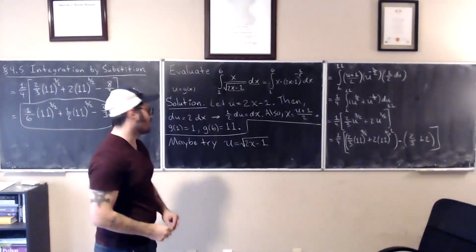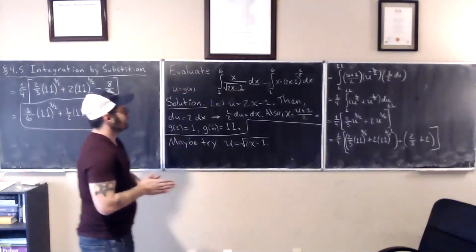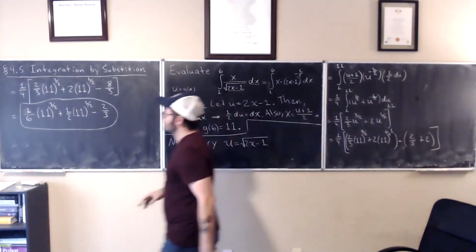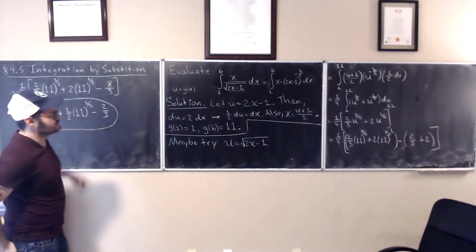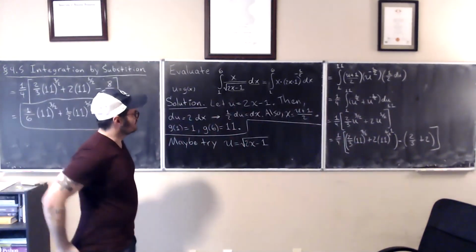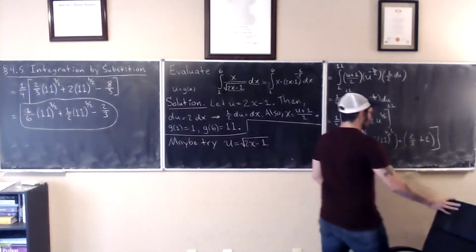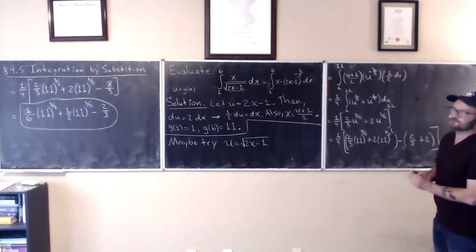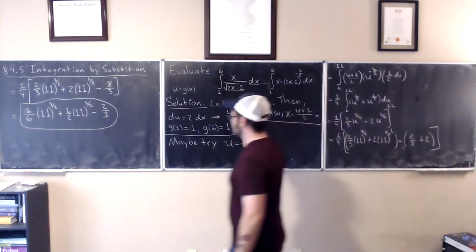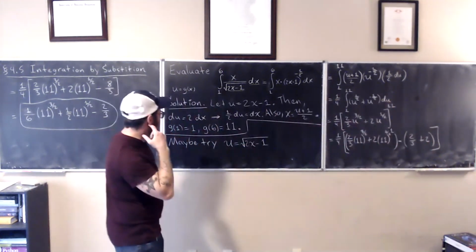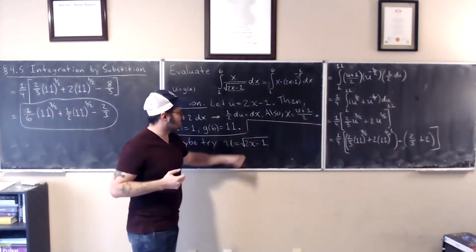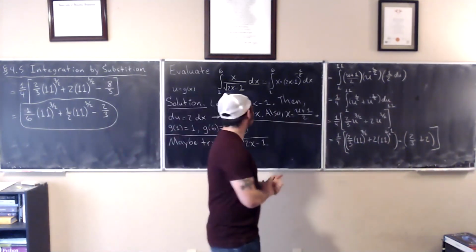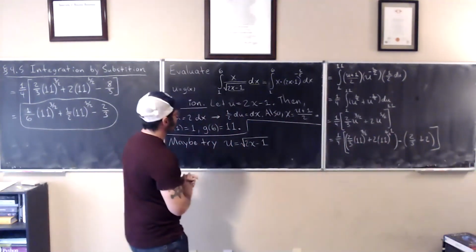Maybe try that function of x and see if the answer is easier to evaluate than this. From what I can tell, I don't think that I made a mistake in anything that I was doing. And if I did, I'll fix it after the recording is done and then upload another recording. But from what I can tell, nothing is incorrect. But I have a suspicion that maybe if you try u equals this, then the answer will be easier to calculate by hand, because then the limits of integration are going to be smaller.